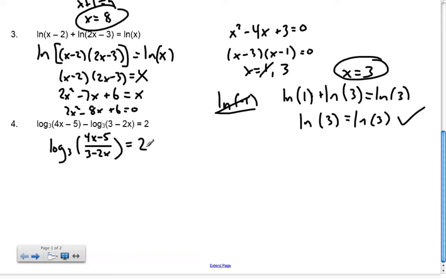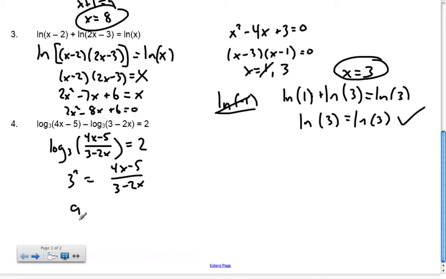Now, because I don't have a log on this side, I can't just drop it. But I have a log function set equal to a constant, which means that I know the exponent. 3 raised to the second power is equal to this. Why don't we rewrite it that way? 3 raised to the second power is equal to 4x minus 5 over 3 minus 2x.